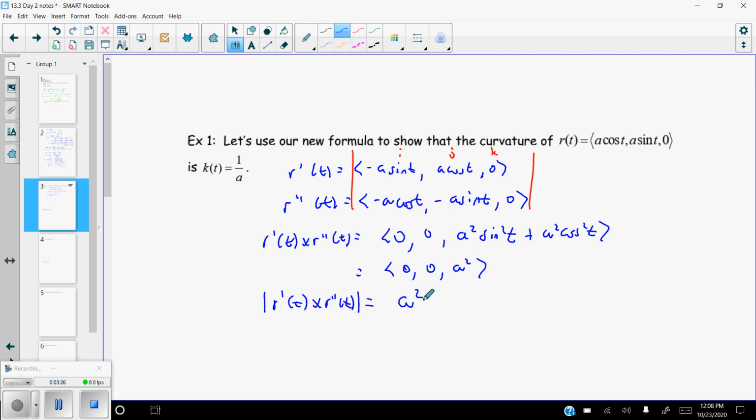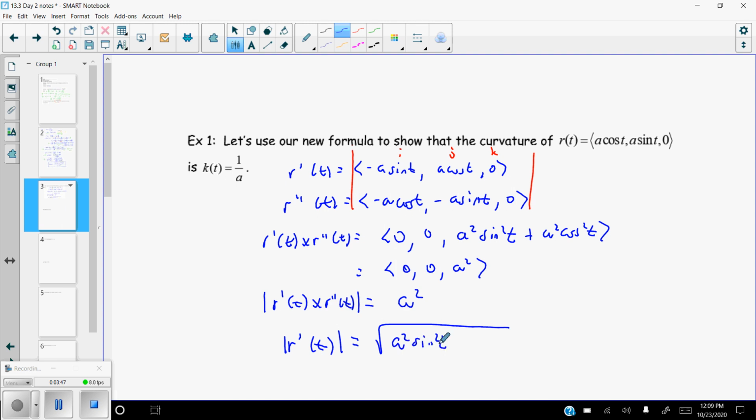Now what we need is just the magnitude of r prime of t for the denominator. And we already have r prime of t, so now we just need to take its magnitude, which is going to be the square root of, let's see, squaring negative a sine t is going to be a squared sine squared t.